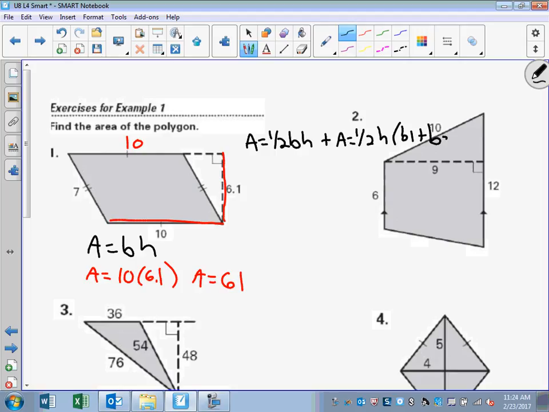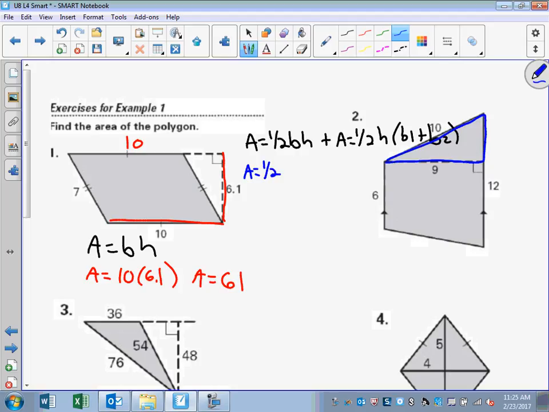So B1 plus B2. Okay. So we can do the triangle first. So we got area equals 1/2.